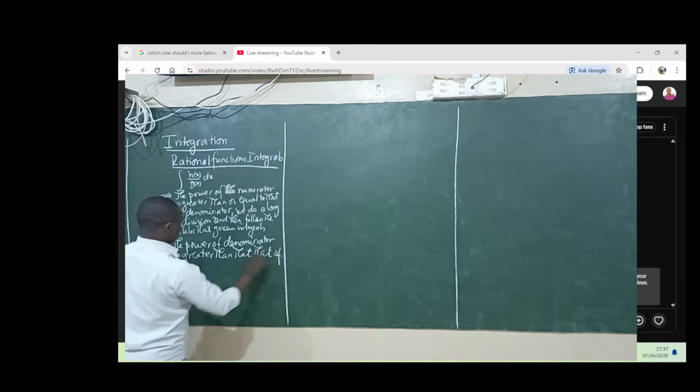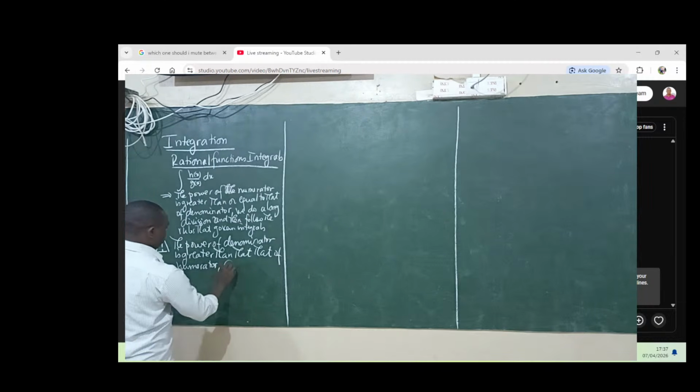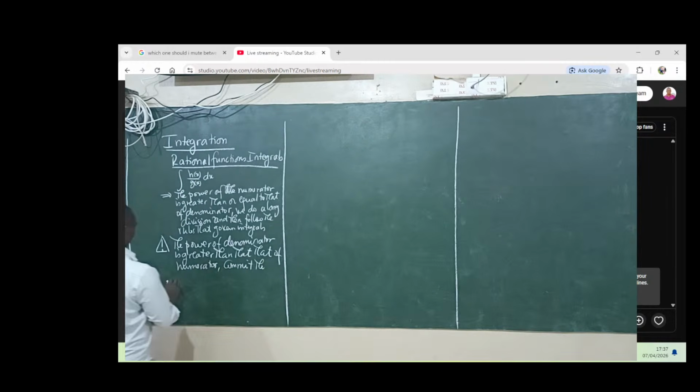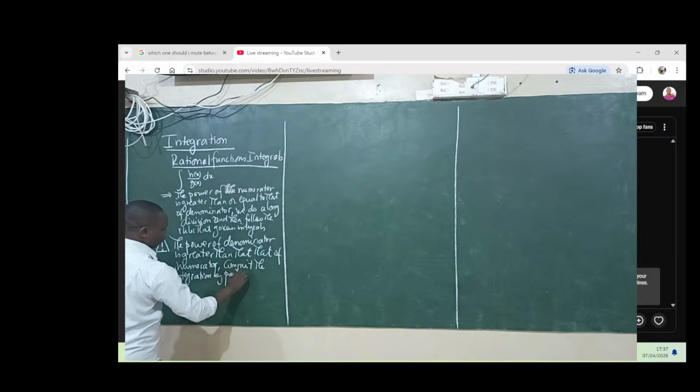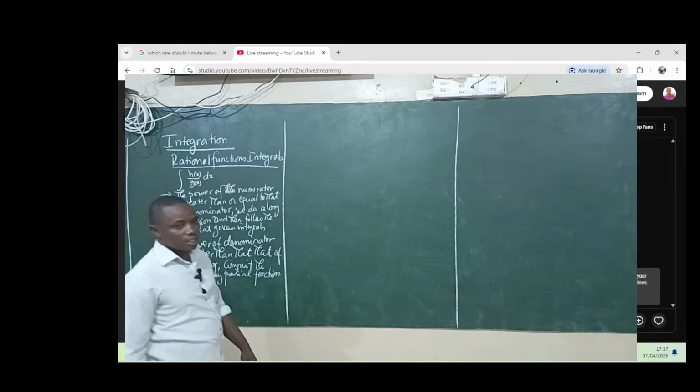That is the integration by partial fraction. This is where we are going to focus.